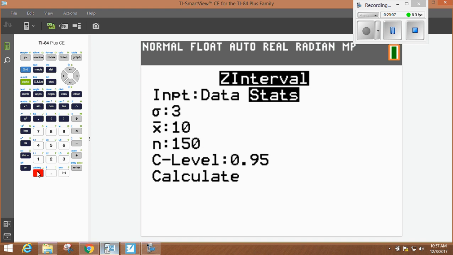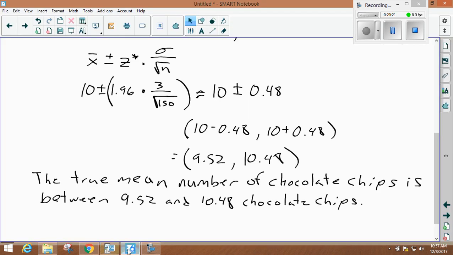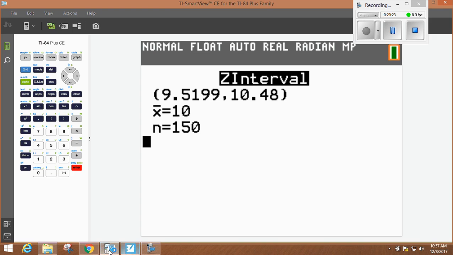It's already asked us for our confidence level, which we said was 95. We hit calculate. And there it is. What do we get? Just about the same after we rounded. There you go. Take that, calculator. I can do my own math most of the time.